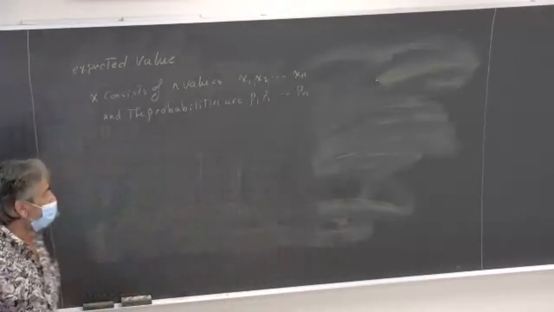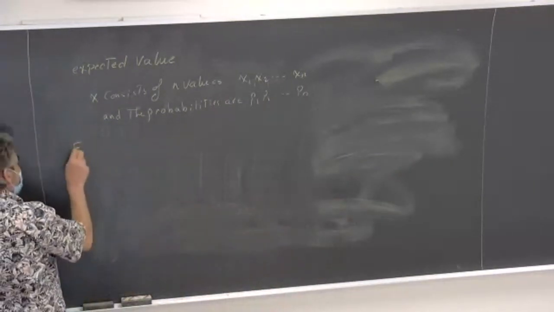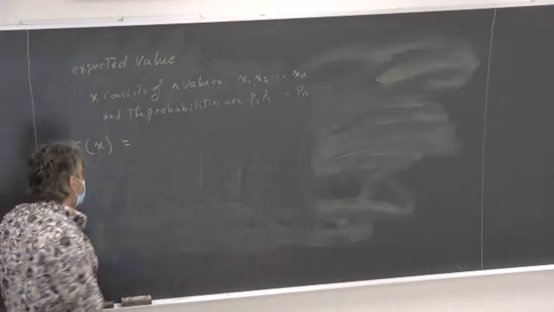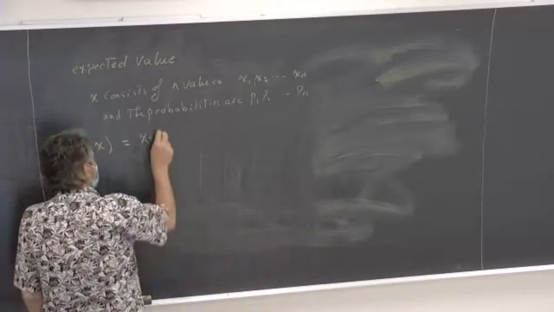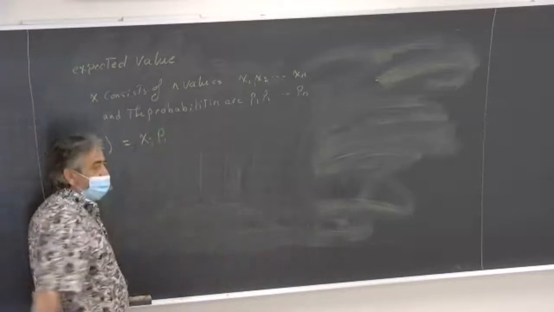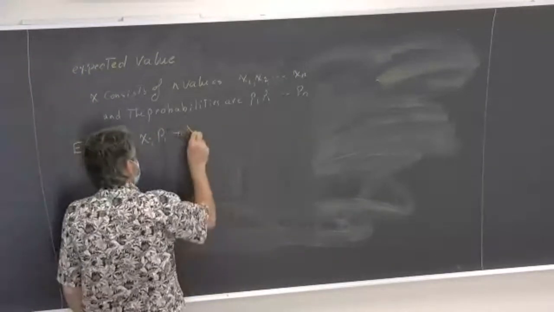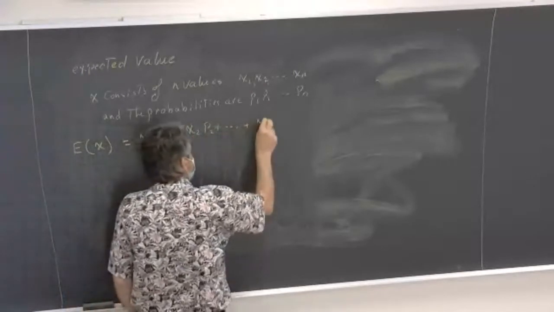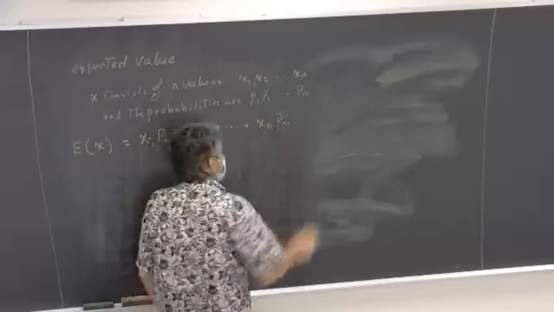Yeah? So now we say the expected value of x, or the average value, would be x1 P1, plus x2 P2, plus xn Pn.